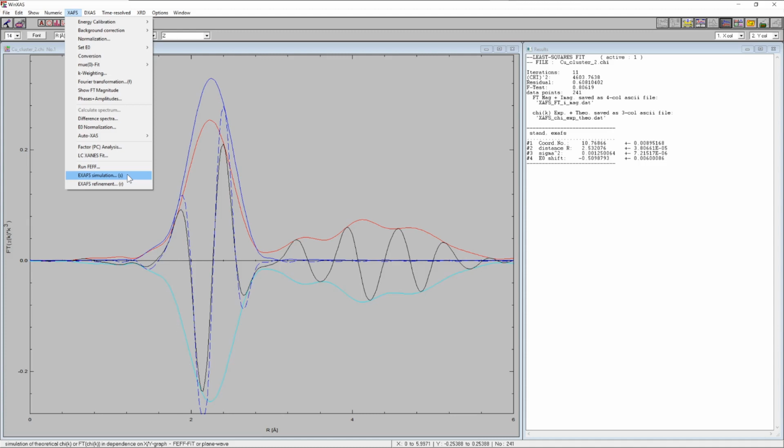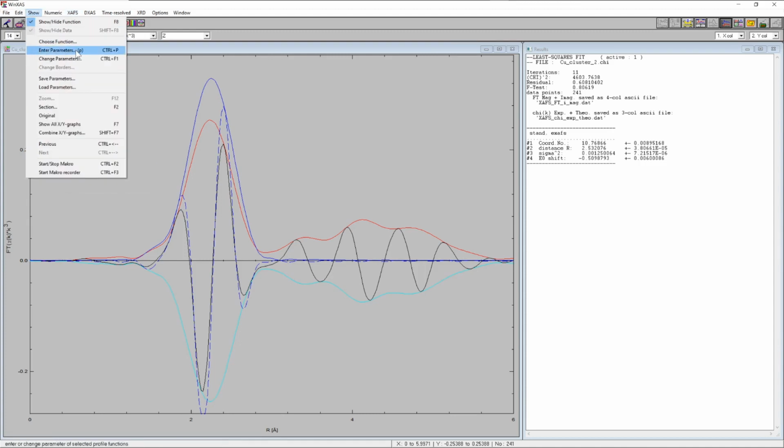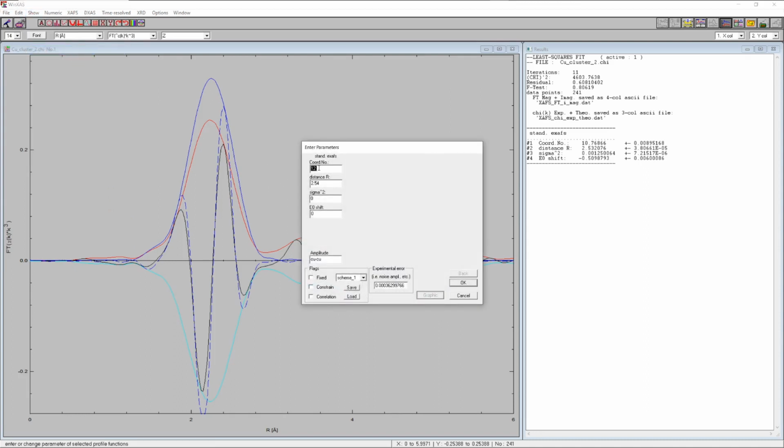In those tutorials, I always use the mouse, but in practice, I would always use those shortcuts. So enter parameter. This opens just this box, and then you can change those parameters by hand, if you like.